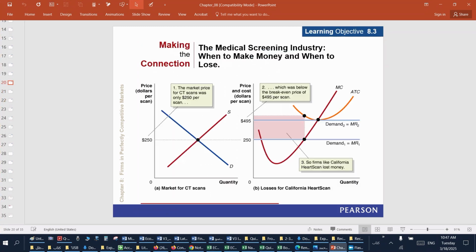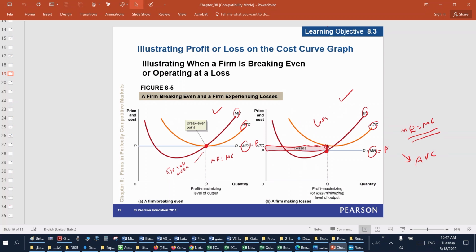I want to go back to this slide again, which shows this is one firm. So when price is at the bottom of average total cost, at this point, this is break even, which means the company is making no loss and no profit.